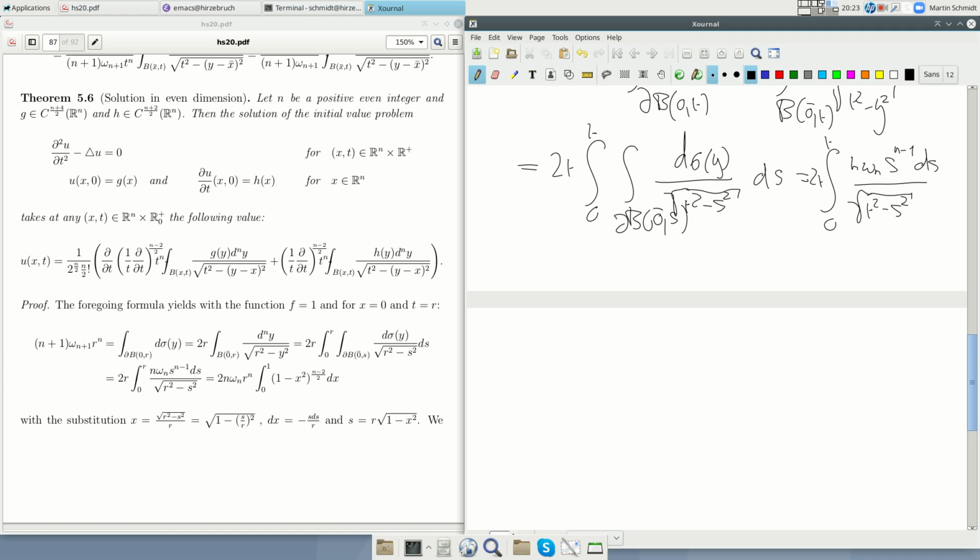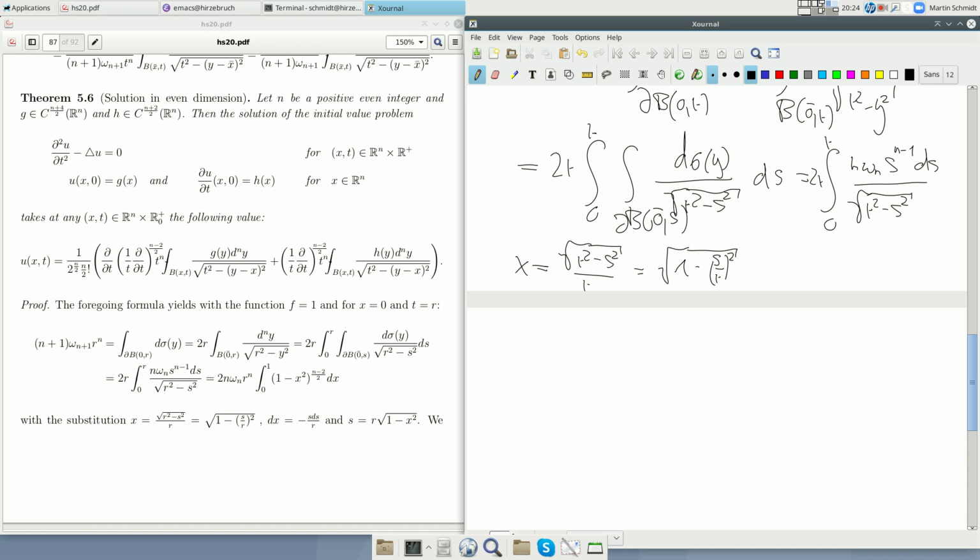What do we substitute? We substitute Rx equal to square root of R square minus s square, divided by R. If we put the R inside the square root, then we get square root of 1 minus (s over R) squared.